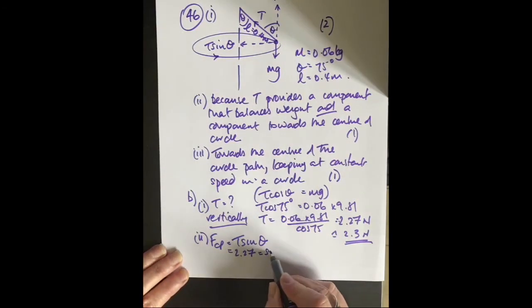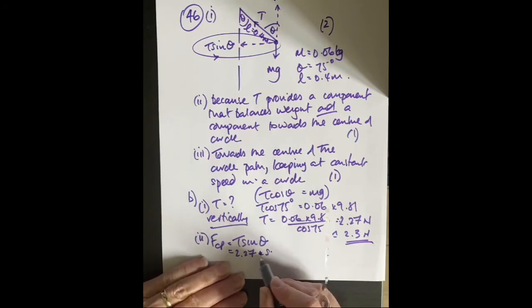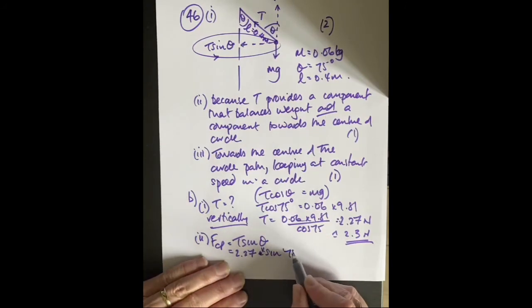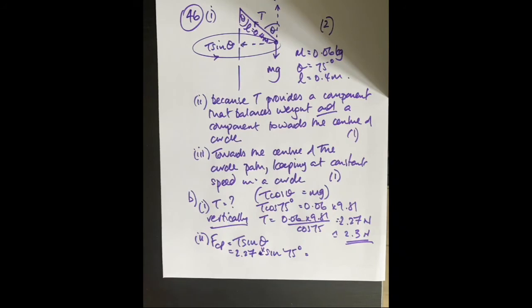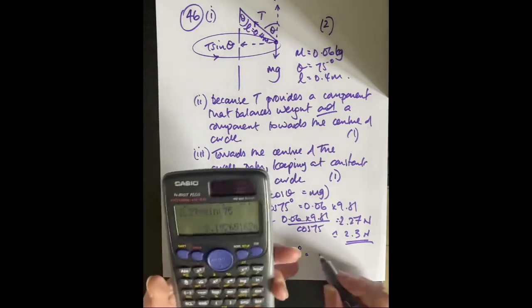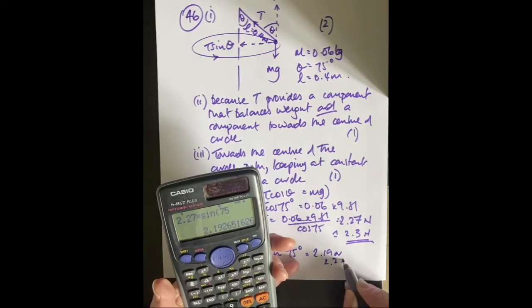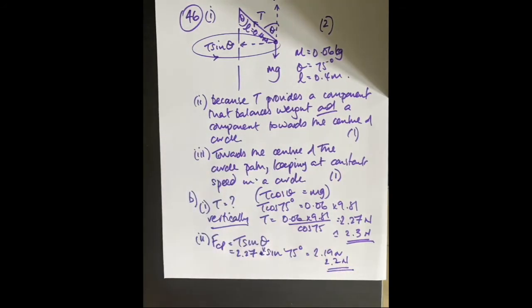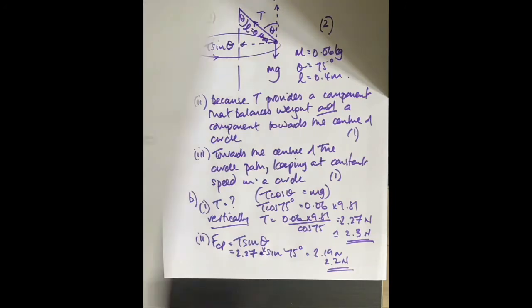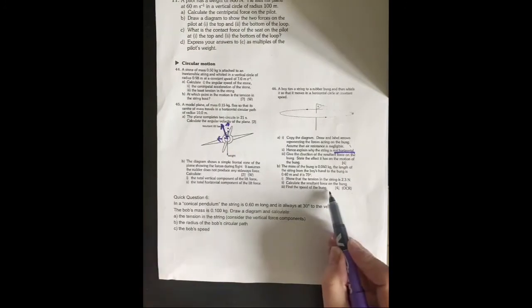So it's 2.27 times sine 75, which is 2.19 or 2.2 newtons. Okay.